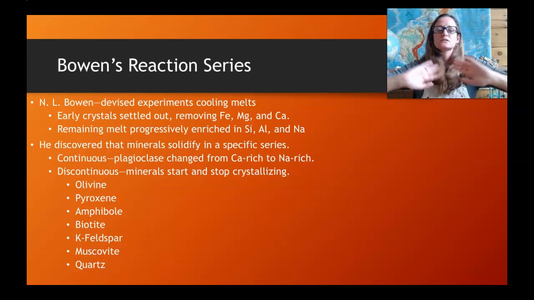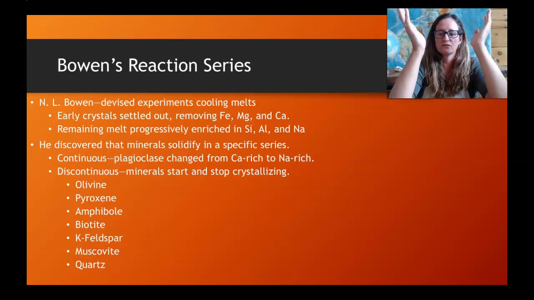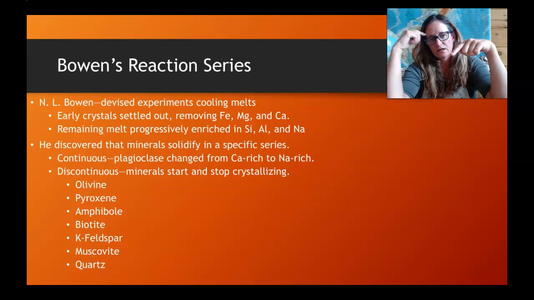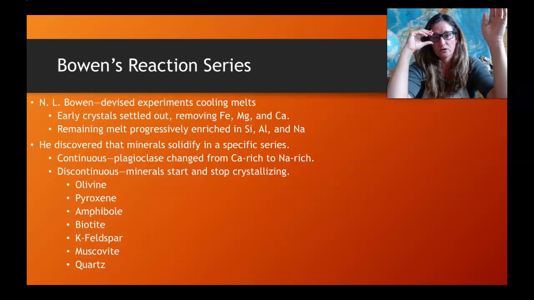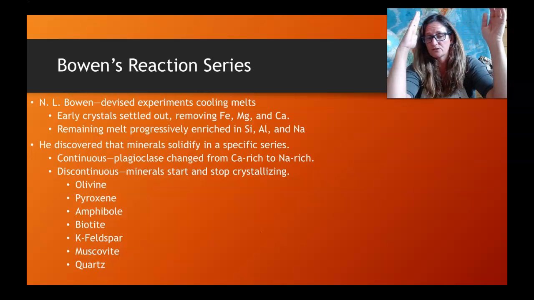And the reaction series has two parts. It has a continuous series that is the range of chemistries of calcium to sodium rich plagioclases. So there's high temperature and low temperature forming and melting plagioclases.